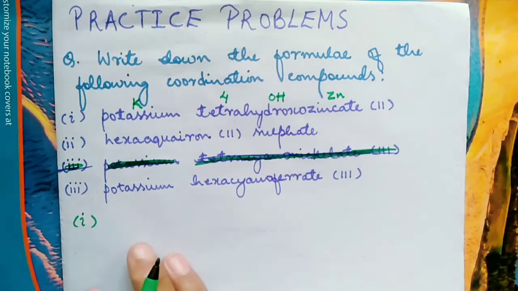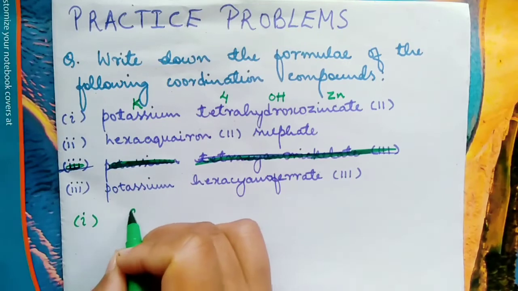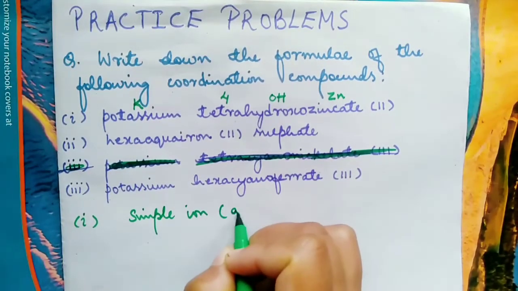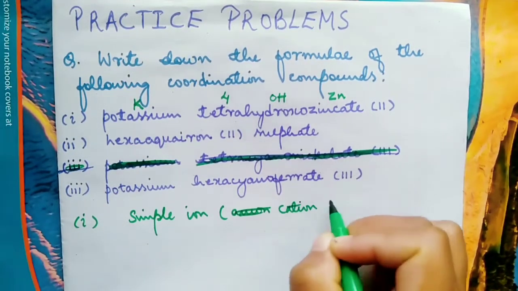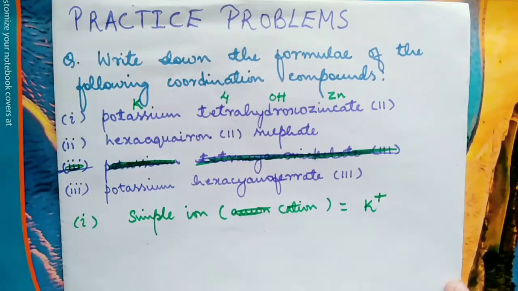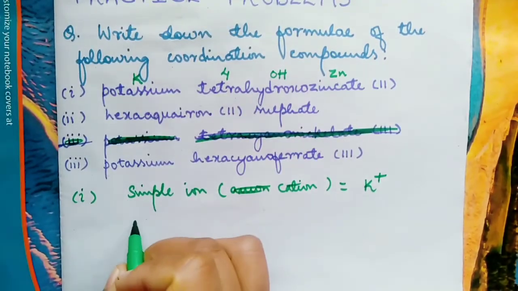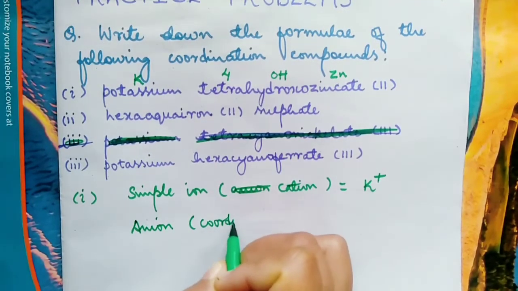So here, first we have to identify whether the simple ion or the counter ion is an anion or a cation. Obviously from here, your simple ion, or it is the anion, sorry, cation is potassium, K plus. After that, identify the coordination entity, this one, which is the anion.